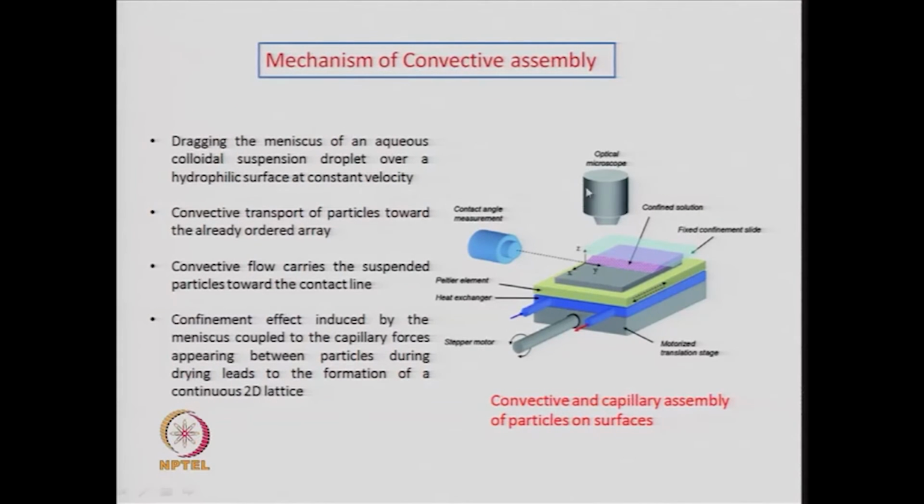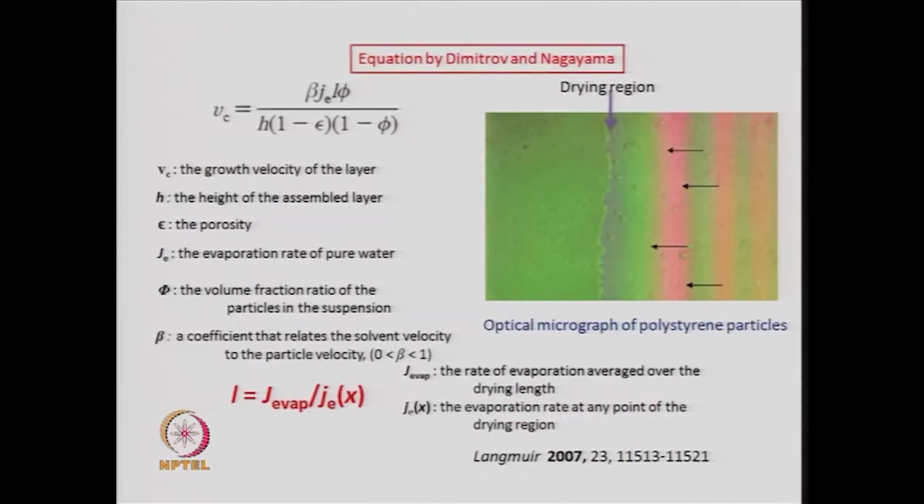This is the microscope to visualize this, and if you want to measure the contact angle, you can measure it. This is a motorized stage, this is how you move the stage, and this is a motor attached to it, and there are heat exchangers to vary the temperature along this surface. That is the mechanism of convective assembly.